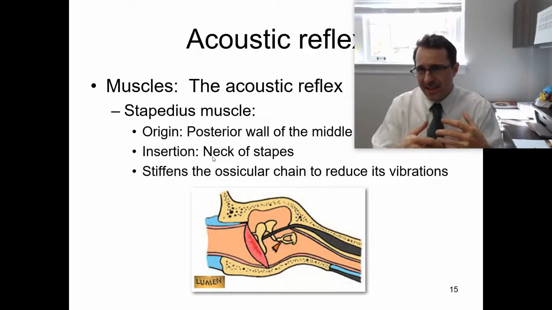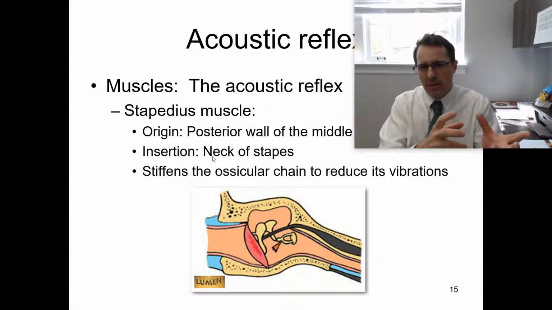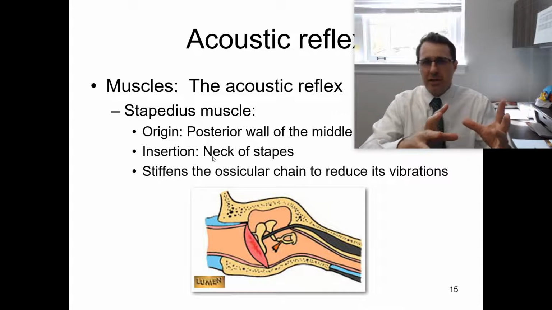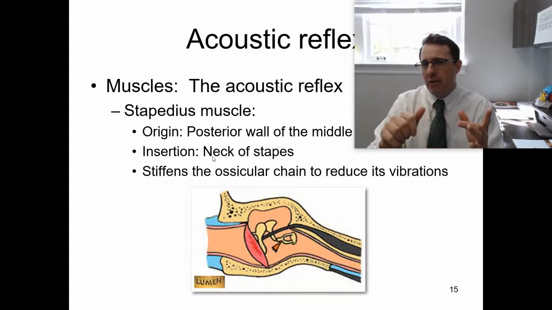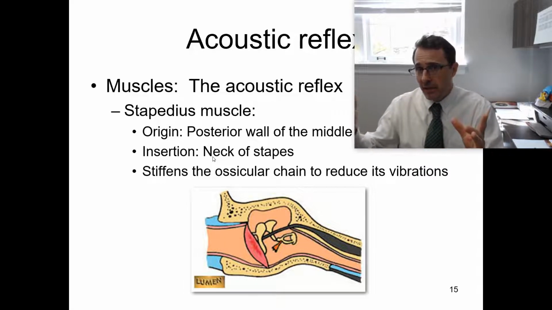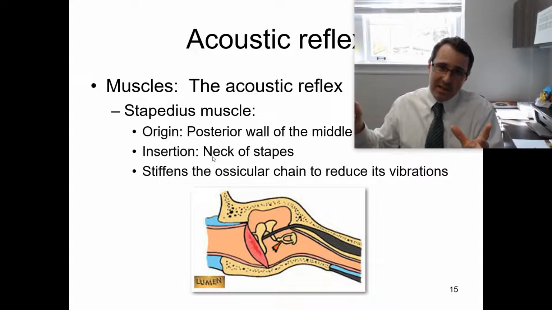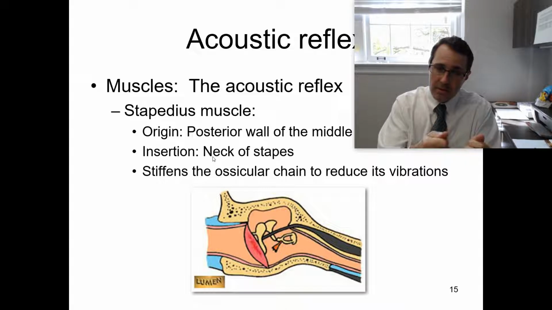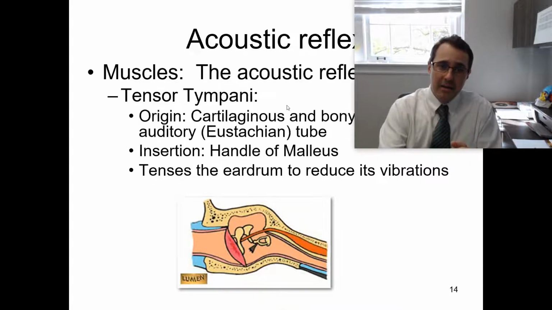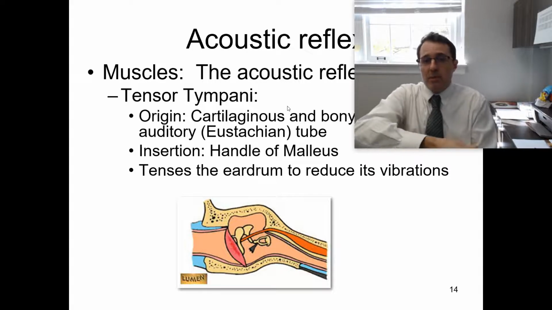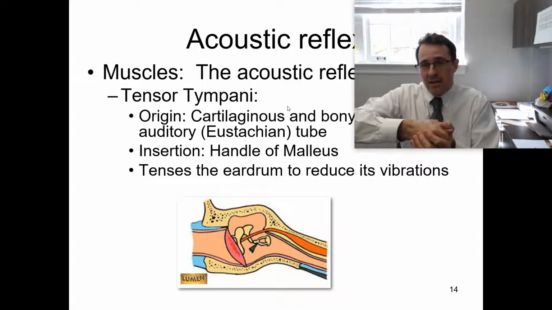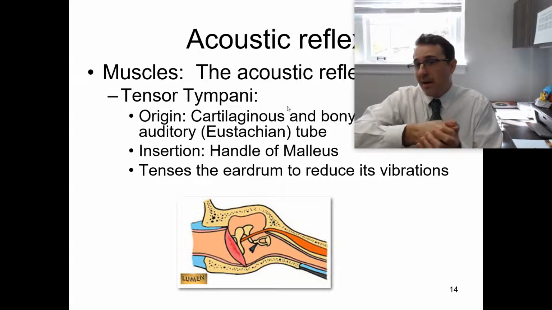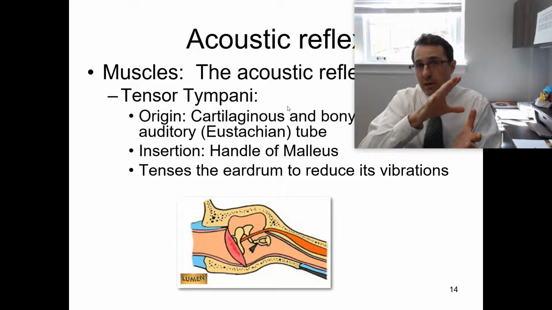So rather than just allowing that loud noise, which is going to translate into a huge amount of energy passing through the ossicular chain to be delivered to the cochlea, the brainstem generates a motor plan that gets sent back to those two little muscles. And the tensor tympani pulls on the malleus to restrain the malleus, thereby restraining the eardrum to some degree.